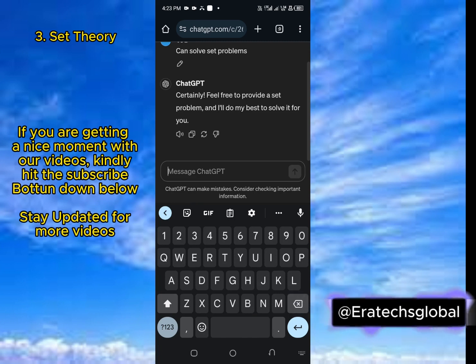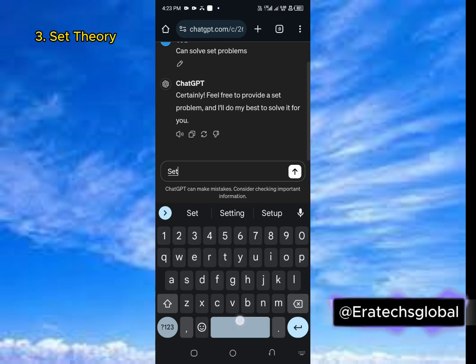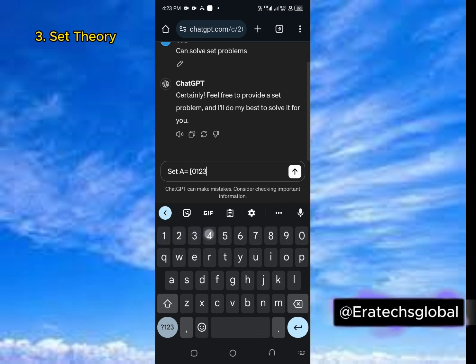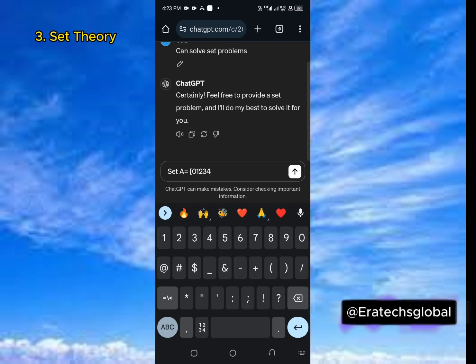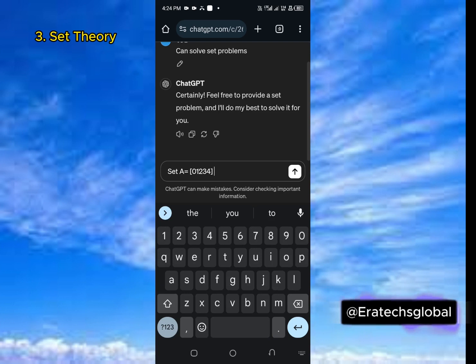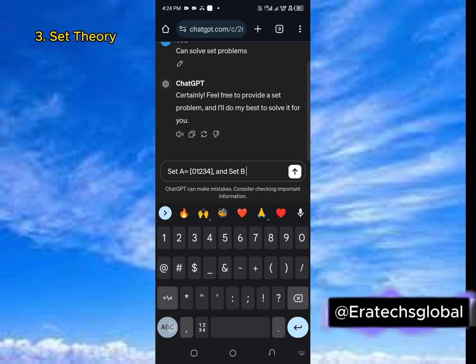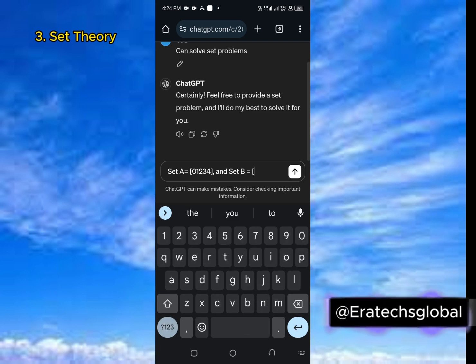For instance, if I want ChatGPT to solve for me, let's say set A equals {0, 1, 2, 3, 4}, you close the bracket, and then put a comma there, and set B equals {2, 3, 5}.